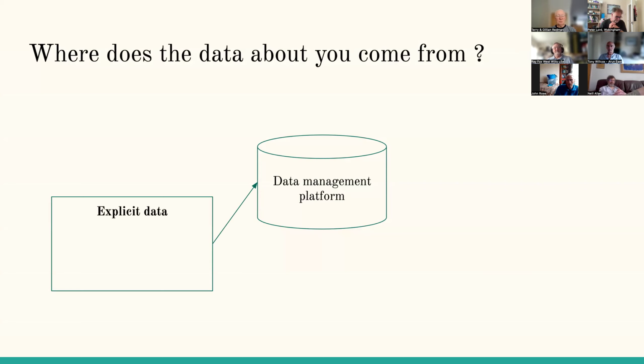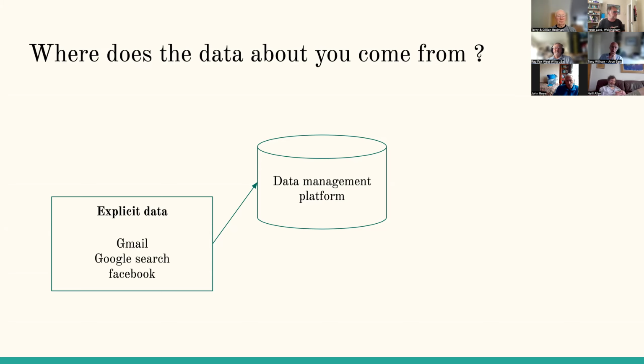Four main sources. Firstly, there's explicit data. Explicit data is stuff that you've given yourself. That could be from your email system, if that's going through one of the systems, particularly things like Gmail, Google searches. When you type in a Google search, you're actually giving that piece of data, just what you search for, to Google, and Google will probably put it into their real-time bidding system.